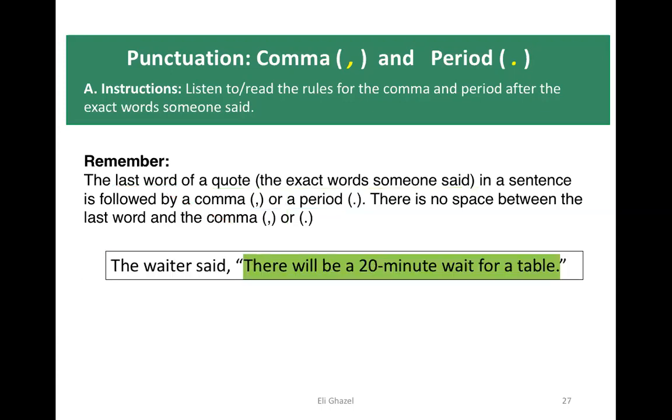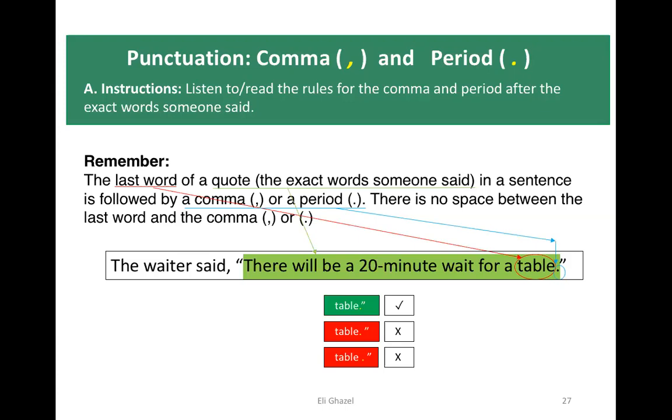Let's try it again. Now notice the speaker is at the beginning and the quote is at the end. So let's look at the last word in the quote, table. And the quote is, "There will be a 20-minute wait for a table." Because table is at the end of the sentence and there is nothing else, the punctuation has got to be a period. And again, here's what I want you to remember: table, period, quotation mark.